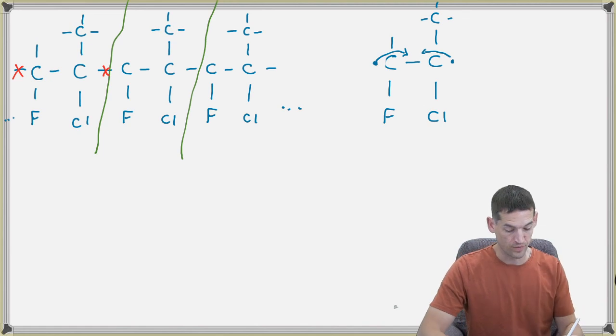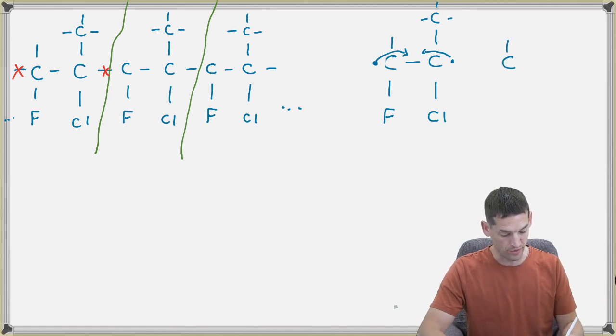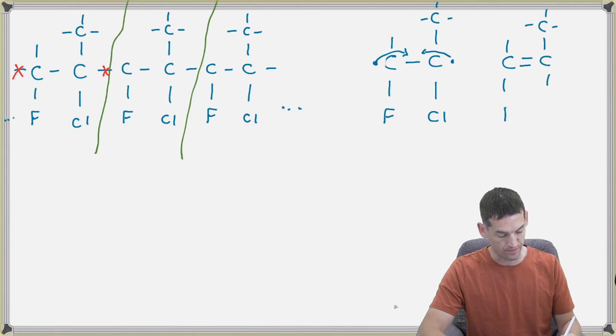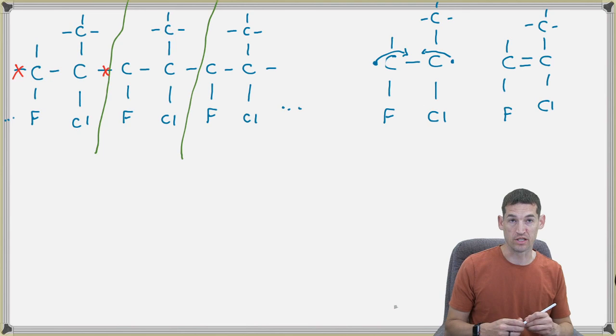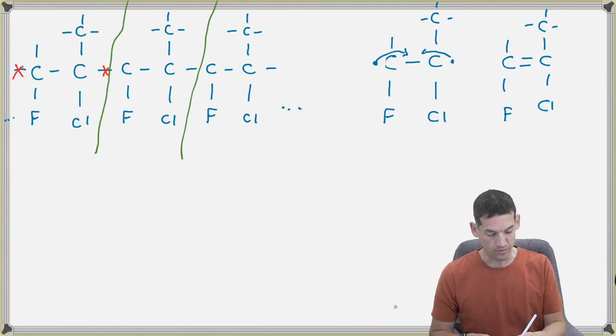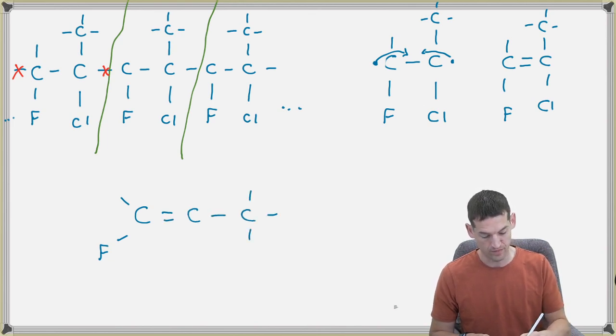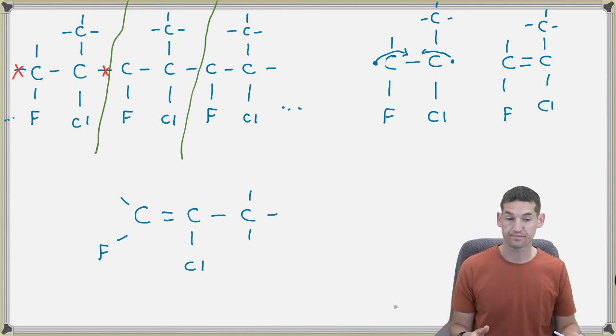So our monomer, I should say, would have looked like this. Now if you wanted to straighten that out so it's a little bit easier to see, it would be something like this with a fluorine, double bond to a carbon, to another carbon, with a chlorine, something like that.